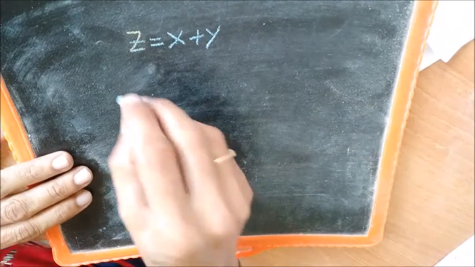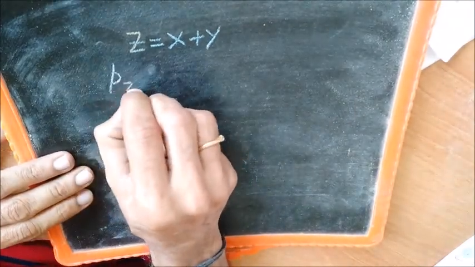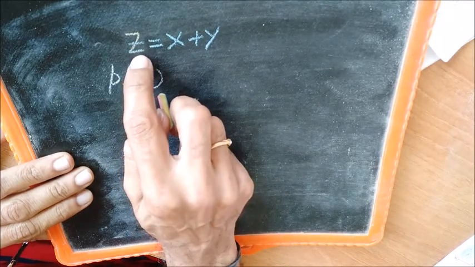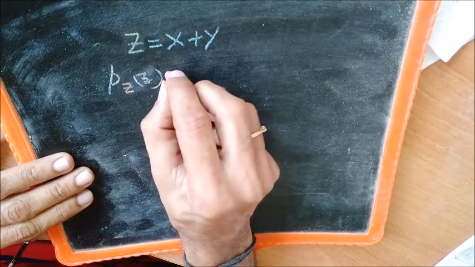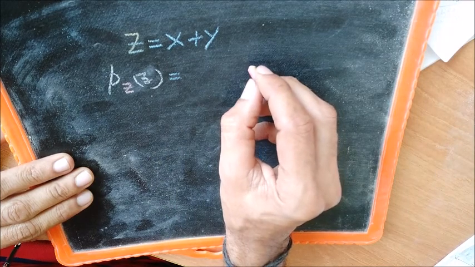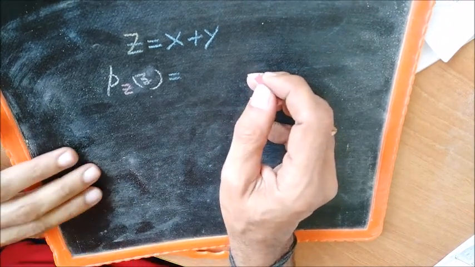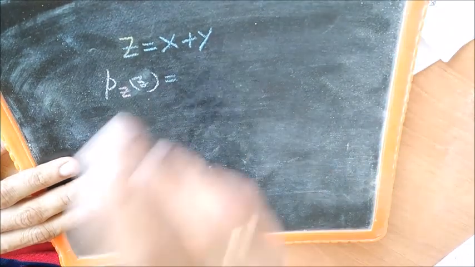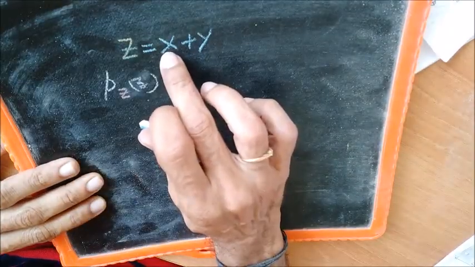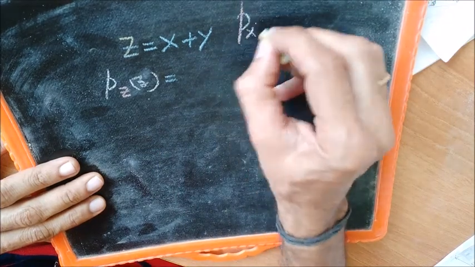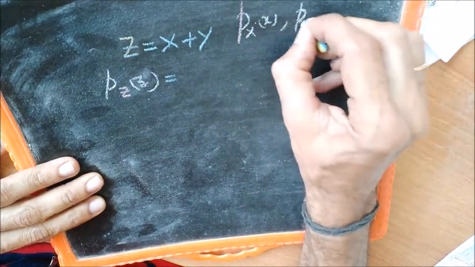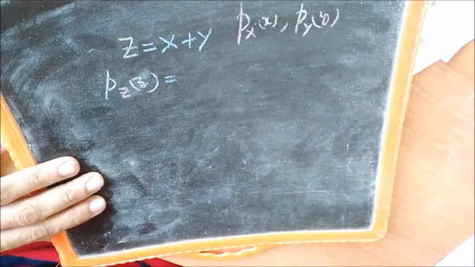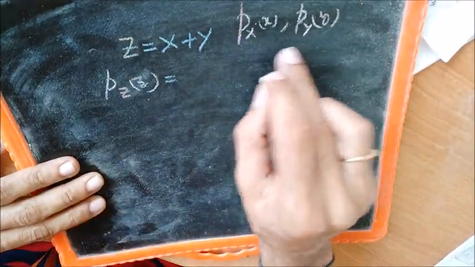Now, the probability density function of the new random variable z will be a convolution of the probability density functions of these two random variables. So if you know the probability density function of these two, you can find out what is the density function of z. And that is a convolution of these two.